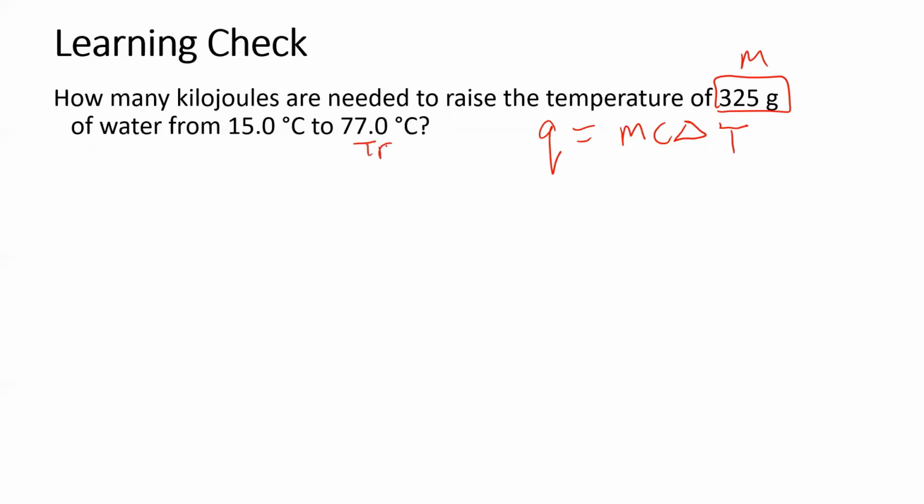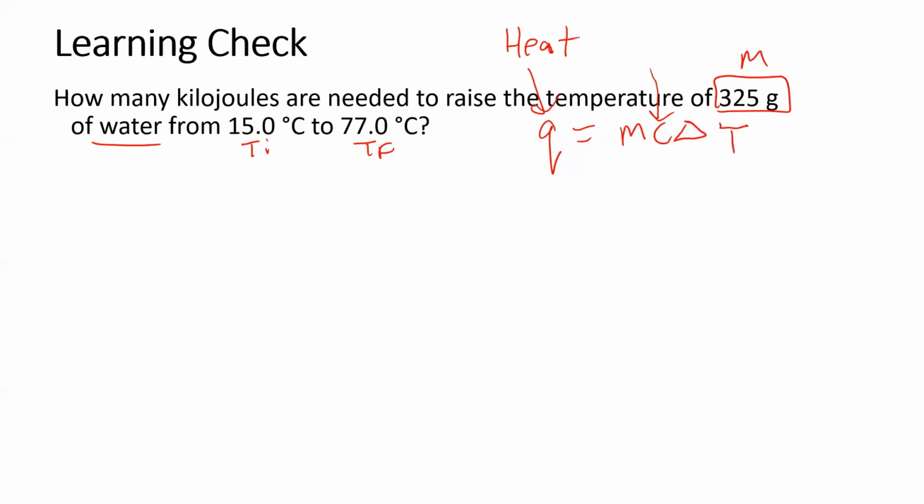Sure, here's my T final, here's my T initial. So the one specific heat I do ask you to know is that of water, and this is water. Now, they want to know how many kilojoules of energy. So the energy, remember, is joules, and that's your heat. So once we get the joules, we can convert it to kilojoules using the metric system.